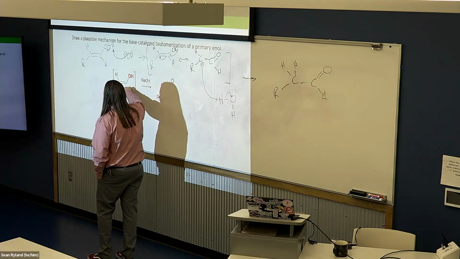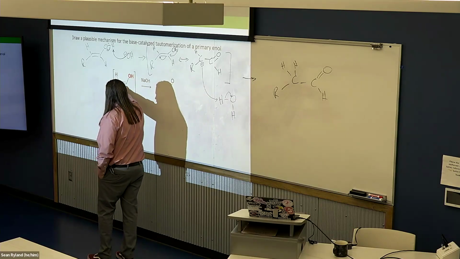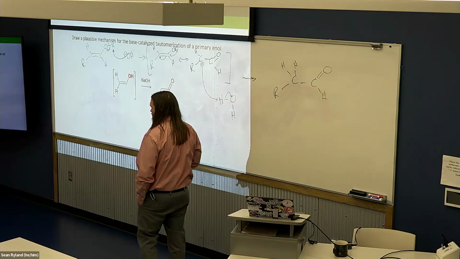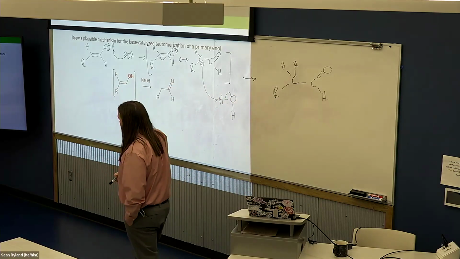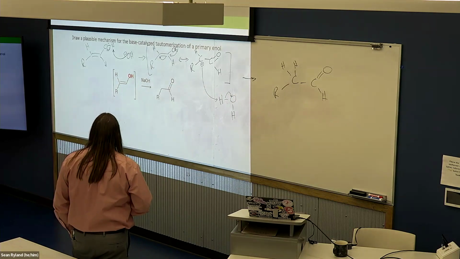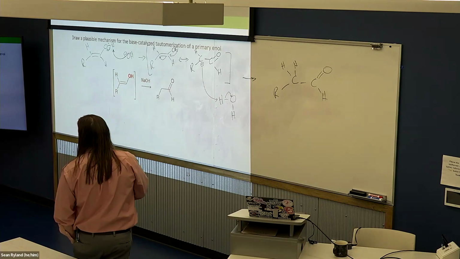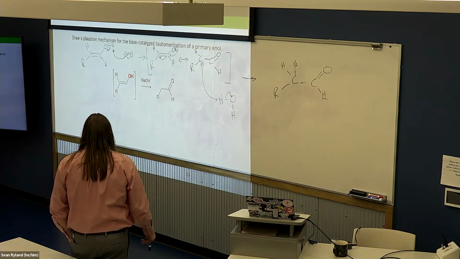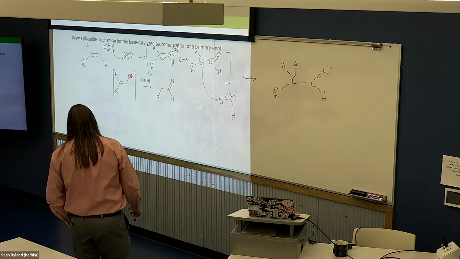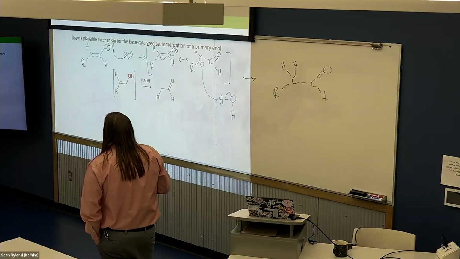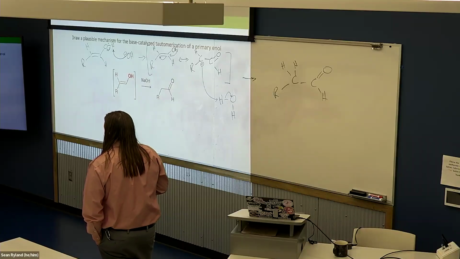Pull a hydrogen off here and turn it into a double bond. You make up that extra bond with another hydrogen. This is not the first time we've seen a reaction that could be either acid catalyzed or base catalyzed. In most cases, when we have reactions like that, all that's really changing is the order of the steps.